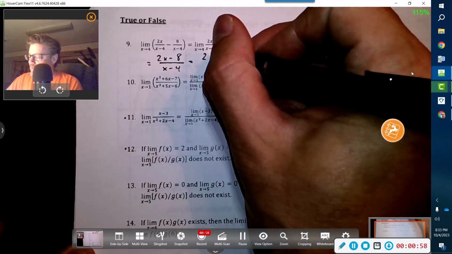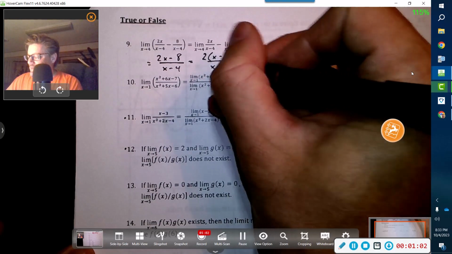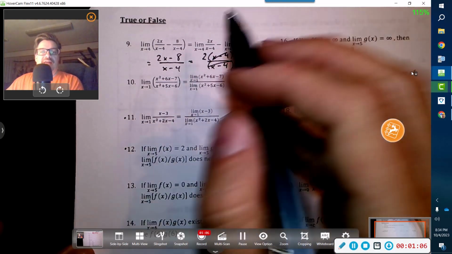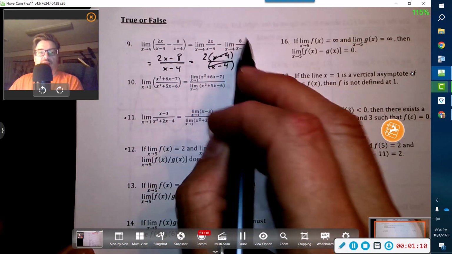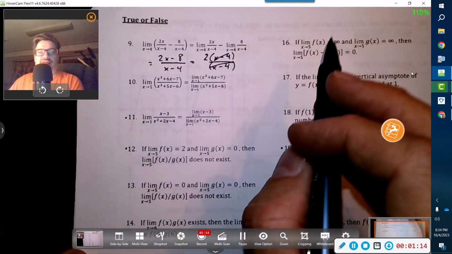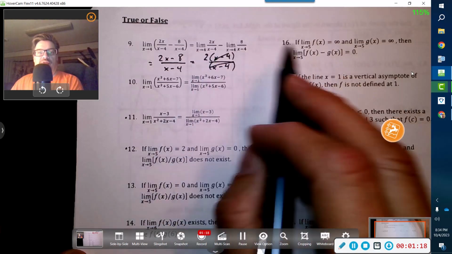I'm going to have 2 times (x minus 4), so it looks like x minus 4 actually cancels out. They do not cancel out here and here. This would be an asymptote, and that would be an asymptote. So that's not going to work. In fact, that's going to lead us right to this one, and how that does not work. Both of these are not going to work.